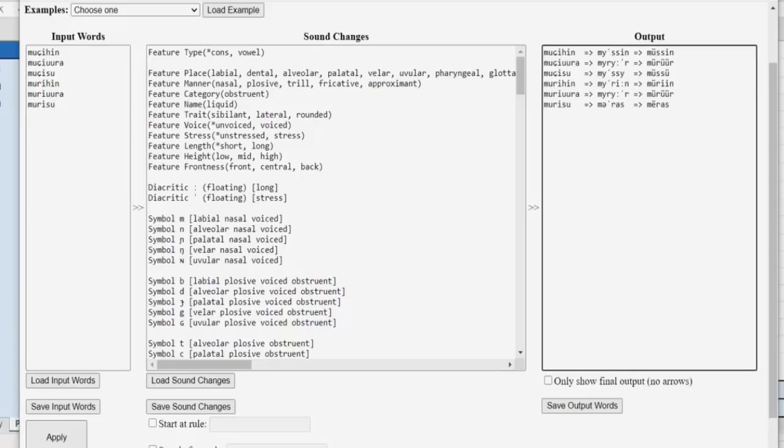Murin, murur, and murras. That's also not bad. I like the vowel alternation in the stem. I think I'm going to have to go with just the regular R, because even though I do like the geminate S alternating with the trill, I just think I prefer the vowel alternations.